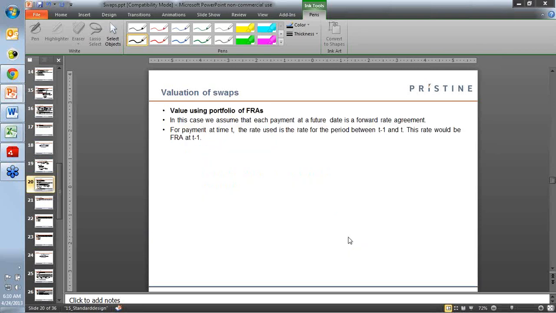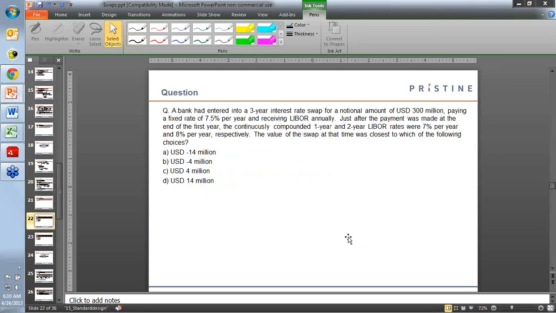Let's look at a question that will be very helpful in your understanding of the concept. A bank has entered into a 3-year interest rate swap for a notional amount of $300 million at a fixed rate of 7.5% per year, and it is receiving LIBOR annually.